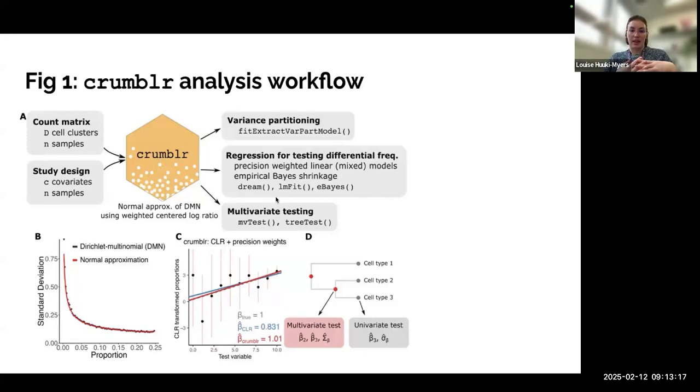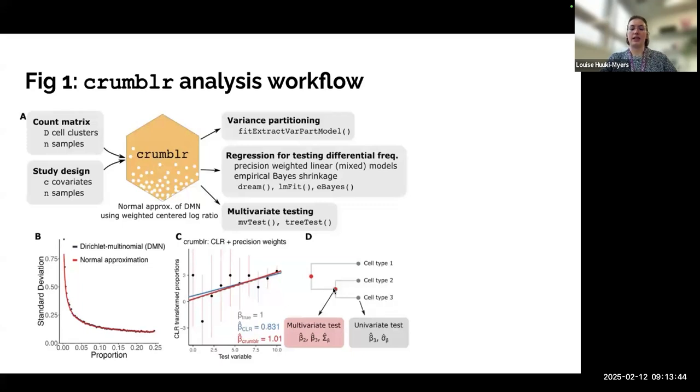They also show the multivariate testing, where they use MD test and tree test, where you can test for differences across case control or your other variables at a cell type or at the parent of the cell type, so at a broader cell type.